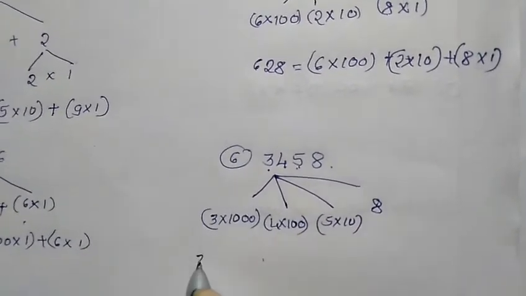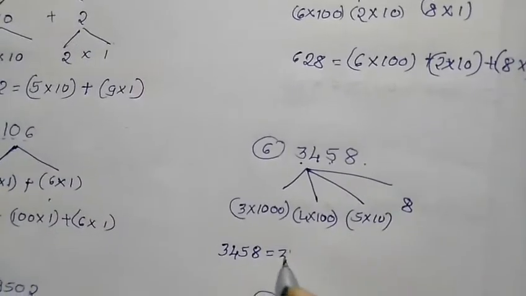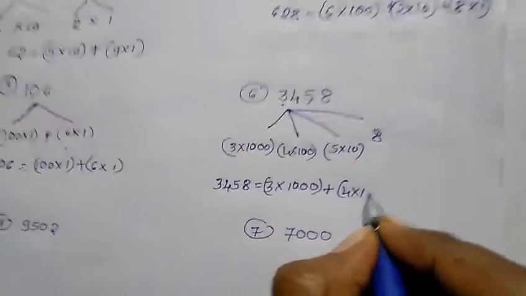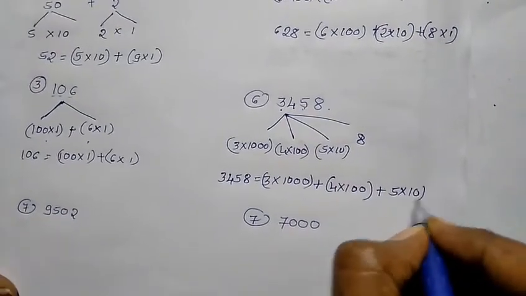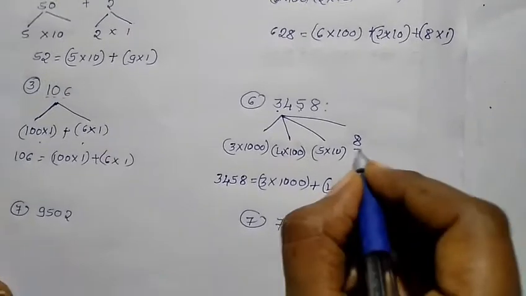So how to write the generalized form? 3458 equal to 3 into 1000 plus 4 into 100 plus 5 into 10 plus 8 into 1. So that is your unit place.